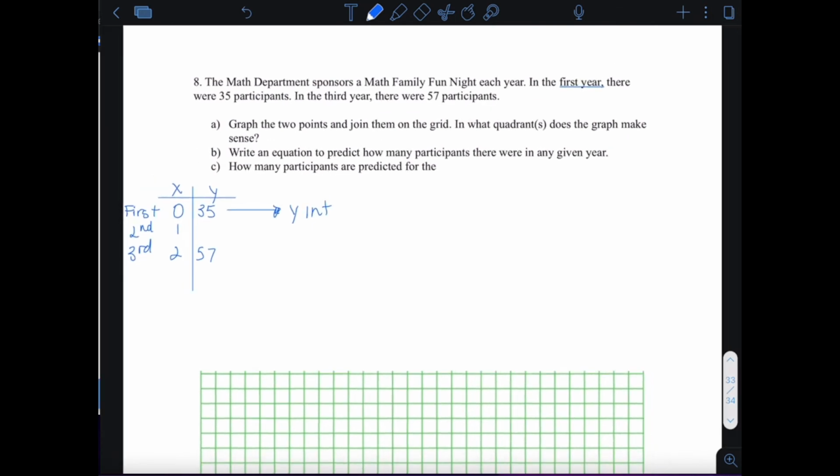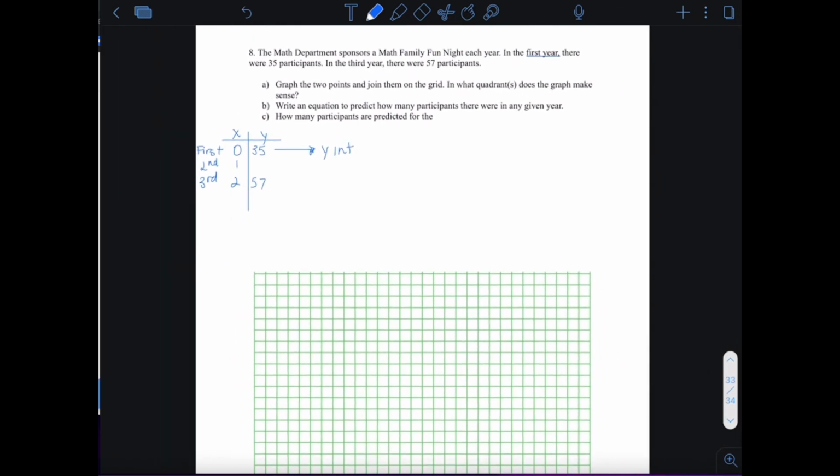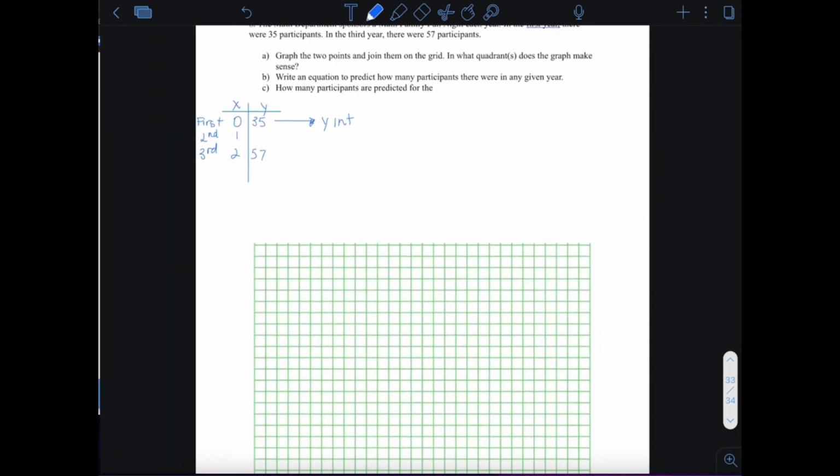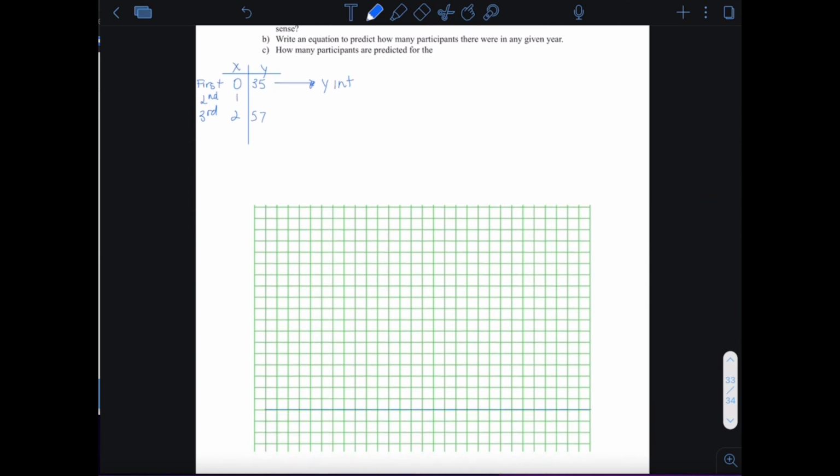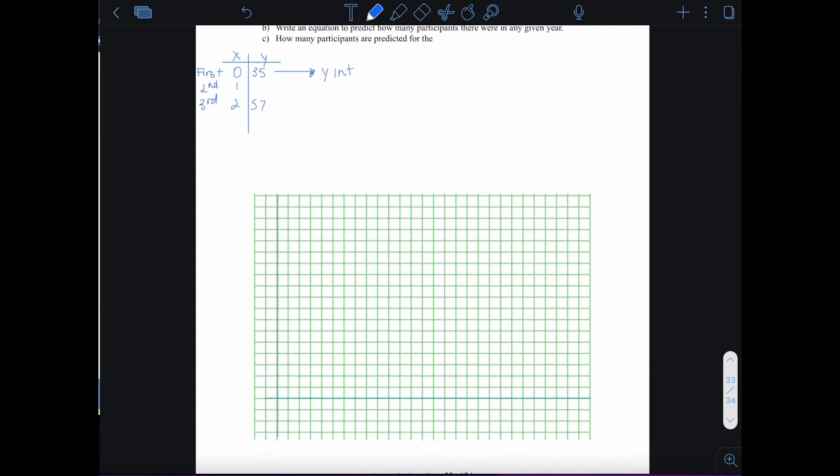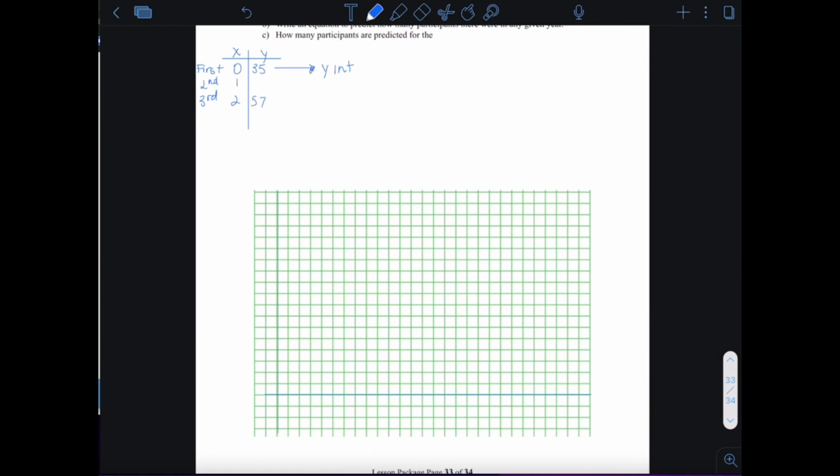Okay, so we're actually going to join these 2 points on the grid, where the first one is (0, 35) and the second one is (2, 57). So I think we should go up by 5s.